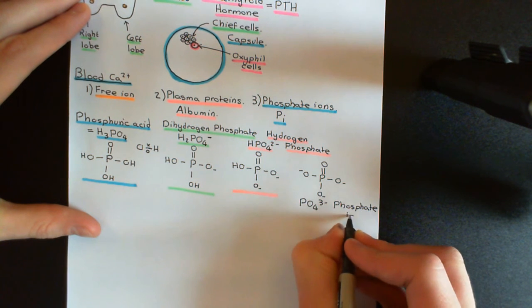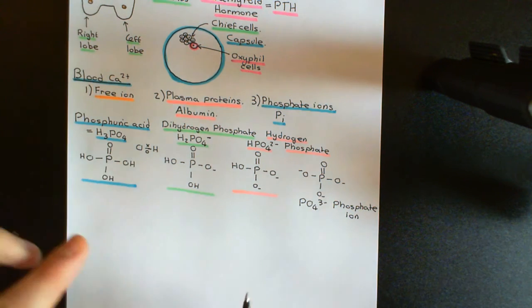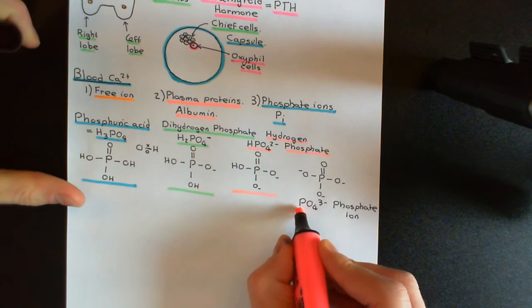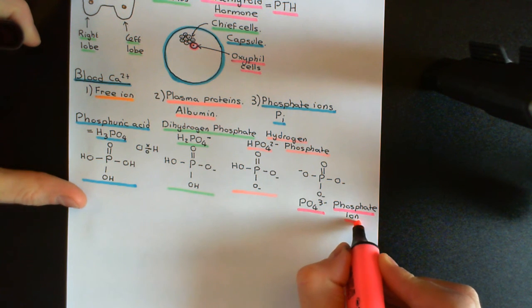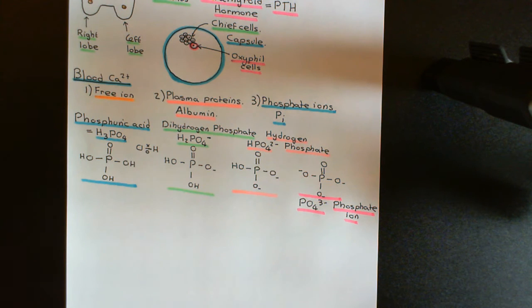However, we often call all three of these different levels of the conjugate base of phosphoric acid phosphate ions. And all three of them are capable of binding to calcium ions because they all have negative charge, which can associate with the positive charge of a calcium ion.